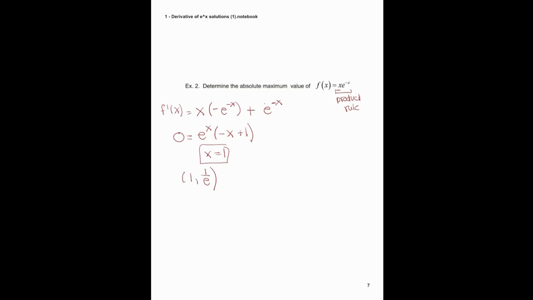So we're going to go ahead and just take the second derivative. So our second derivative will be x e to the negative x, because I bring the negative 1 down, so the negative 1 comes down, that comes back to being positive, plus negative e to the negative x times negative e to the negative x.